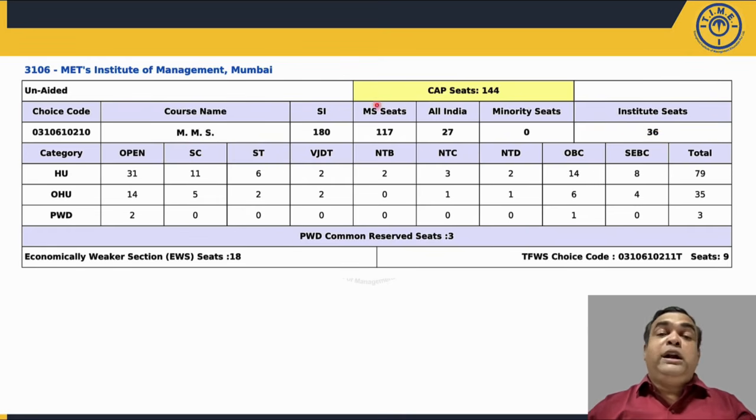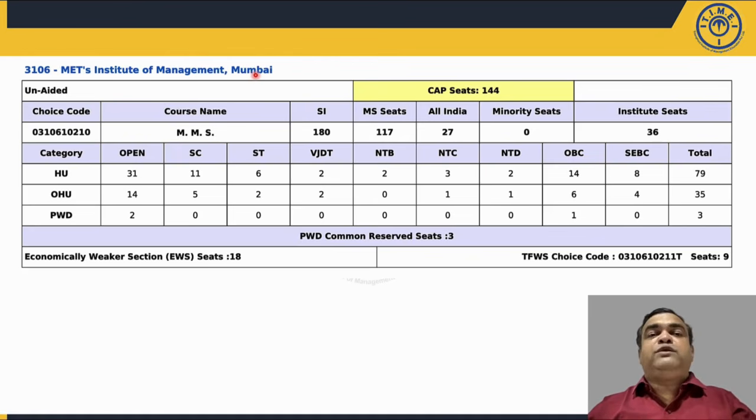Under the CAP round, you can see Maharashtra state candidates have only 117 seats. All India candidates have 27 seats. Those 117 seats are further divided as home university, outside home university and PWD candidates. Out of these 117 seats, 79 seats are reserved for the home university candidates. As MET Institute is located in Mumbai, the home university is Mumbai.